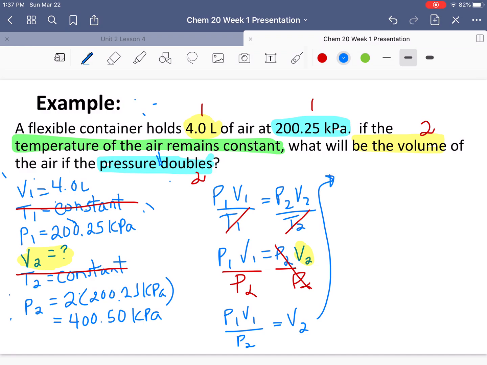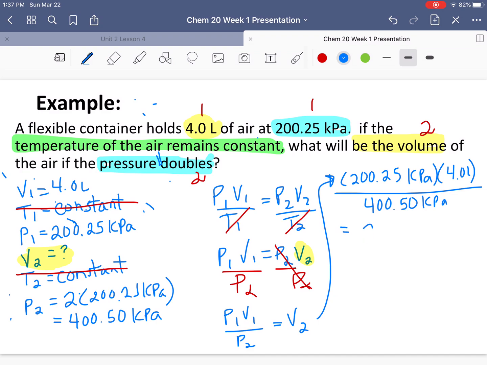Plug in what you know. With units, nothing changes. 200.25 kilopascals times our initial volume, 4.0 liters, divided by my final pressure, 400.50 kilopascals, equals, now watch what happens here. When you work that out, you get a total of 2 liters.